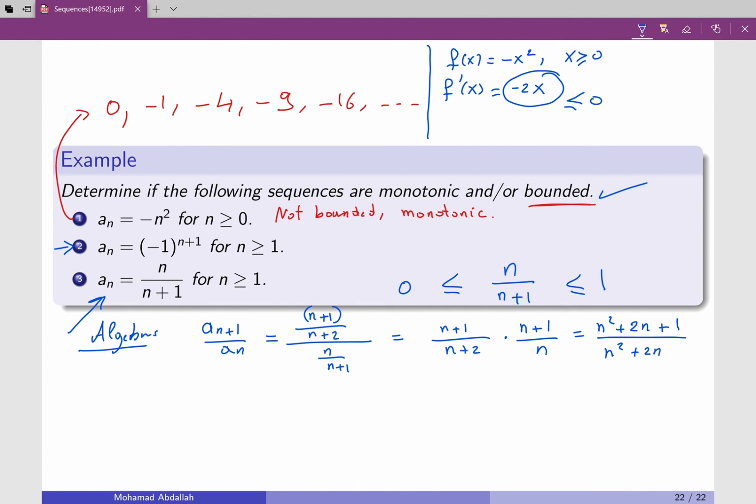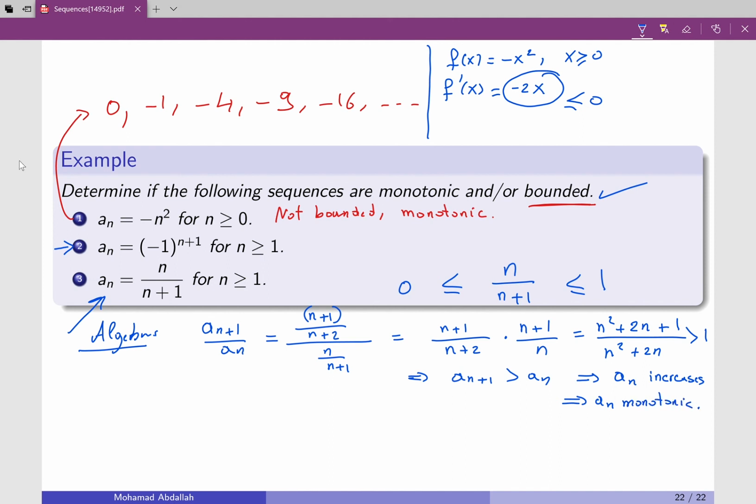Oh, well, I can see something here: the top is bigger than the bottom. So this is bigger than 1. So that means a_(n+1) is bigger than a_n. So this means that it's monotonic. It's increasing here, well, actually. So then a_n is increasing. So then a_n is monotonic.